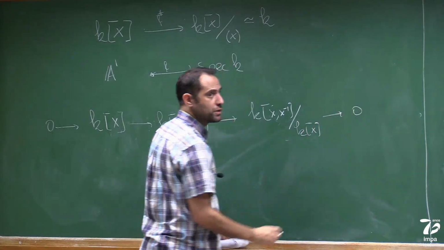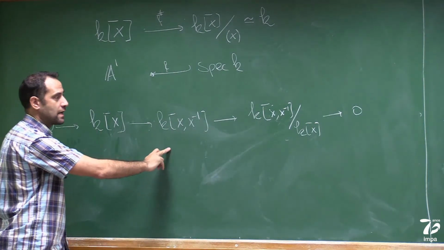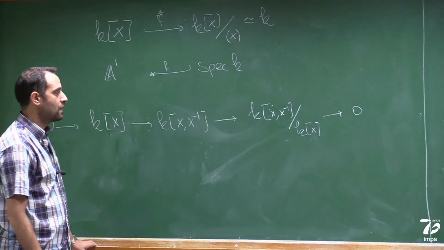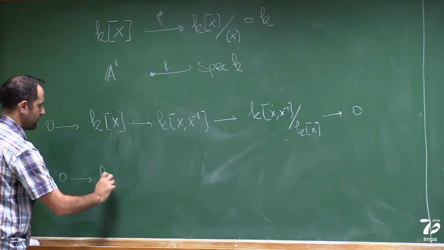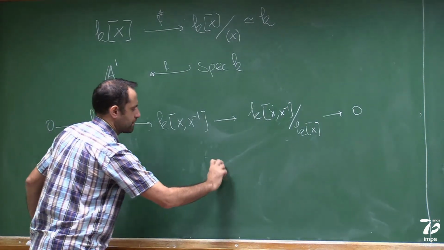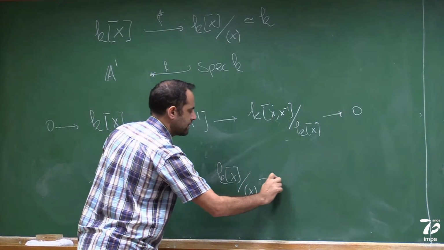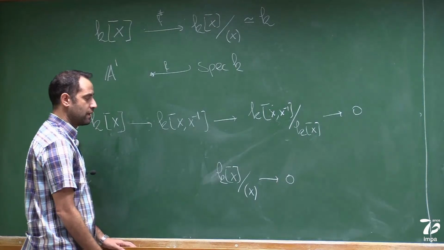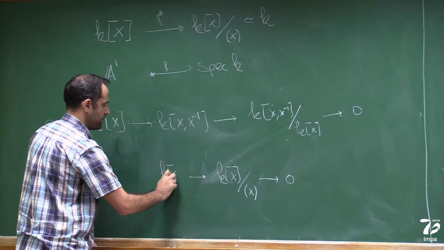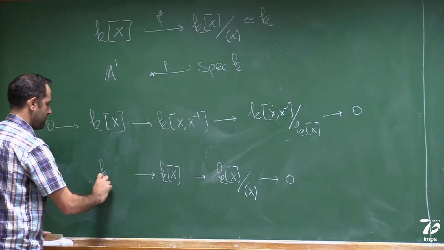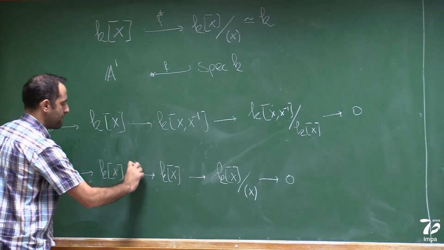These are all modules over this ring. I know how to multiply by x on this one, and the map is just the inclusion everywhere. I also want to look at k[x] divided by x. This is a module over k[x], obtained by this sequence by multiplication by x, and this is the surjection. The quotient is k[x] divided by x, which is just our field k.